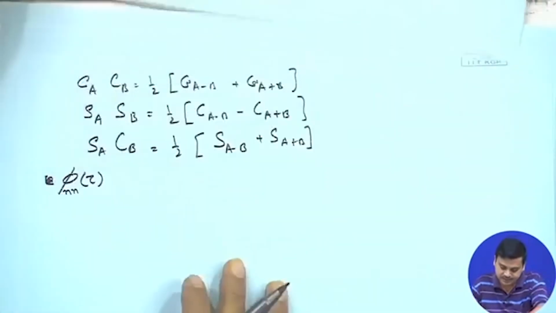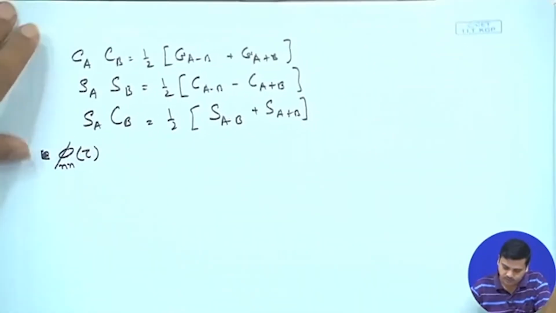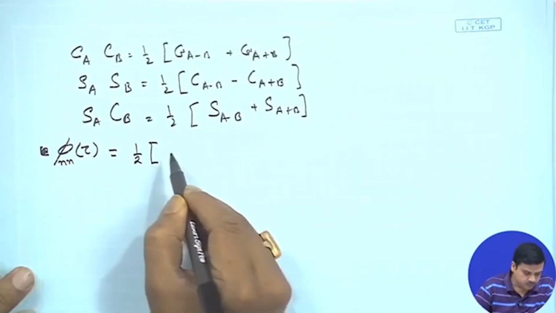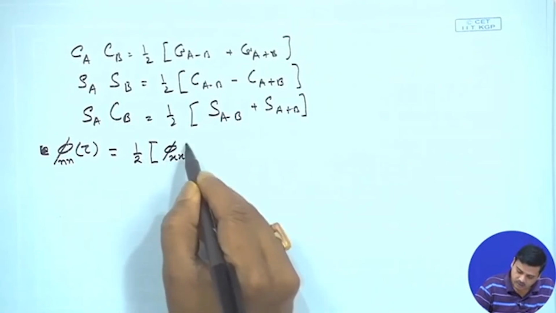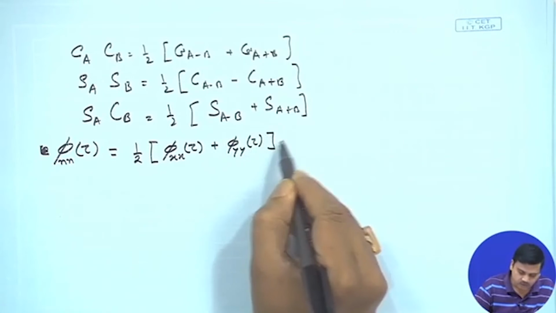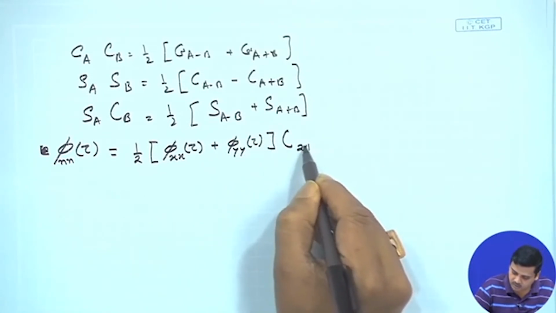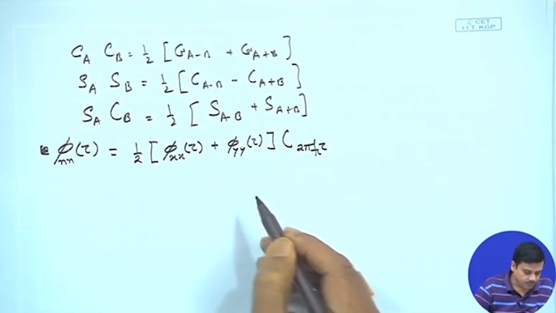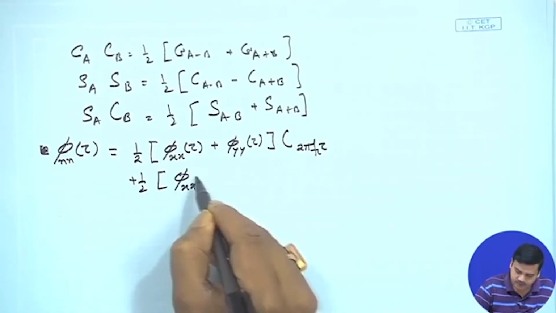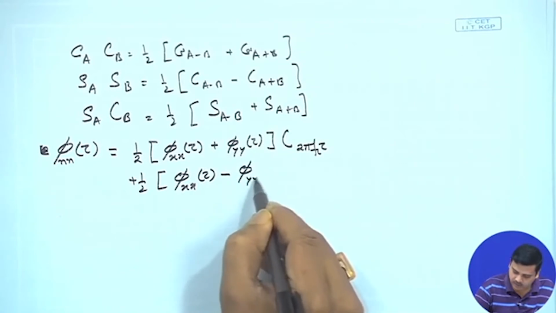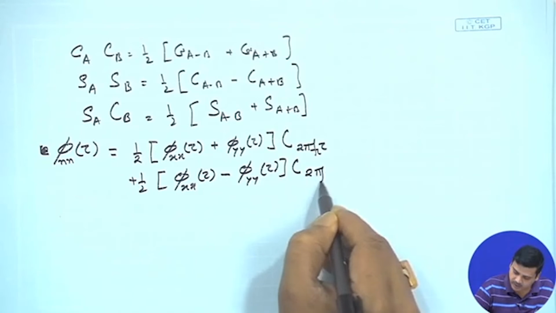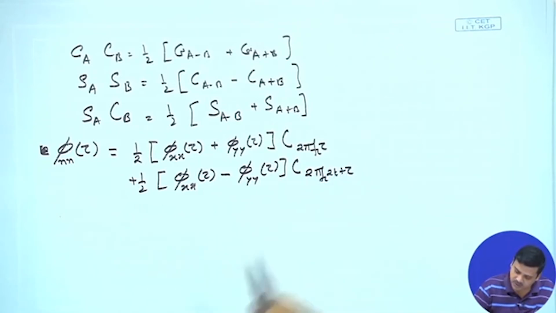So, that particular term, what we have before, would work out to half of (phi_xx(tau) plus phi_yy(tau)) into cos(2 pi f_c tau), and you are going to get half of (phi_xx(tau) minus phi_yy(tau)) into cos(2 pi f_c (2t plus tau)).